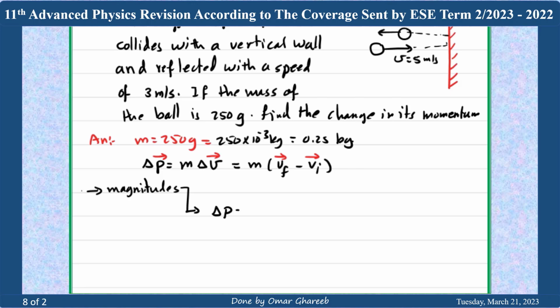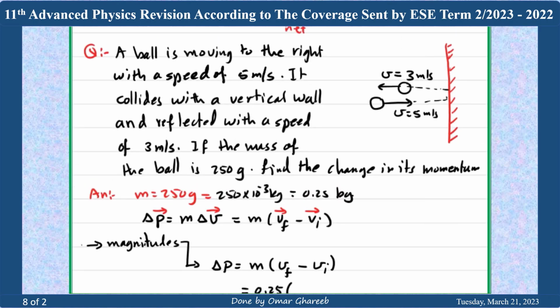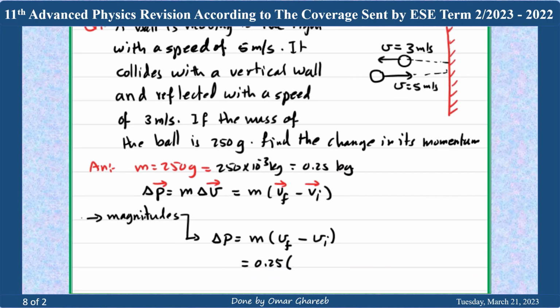Delta p as a magnitude is mass times v final minus v initial. The mass is 0.25. V final, go back to the drawing, v final is 3 to the left, so it should be written as minus 3 because it is to the left.